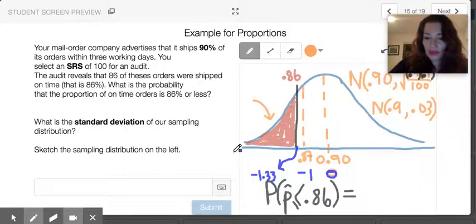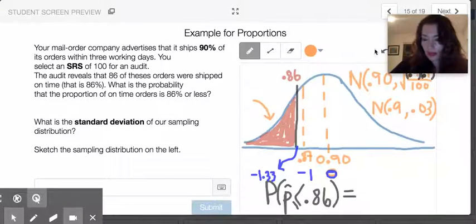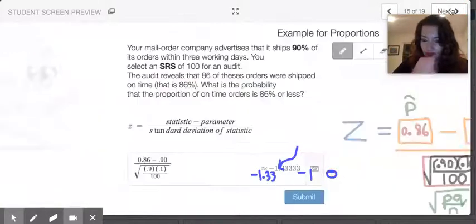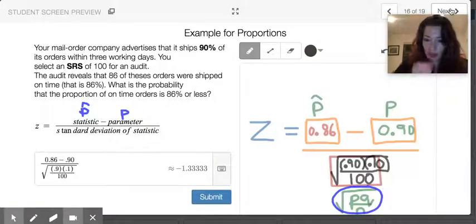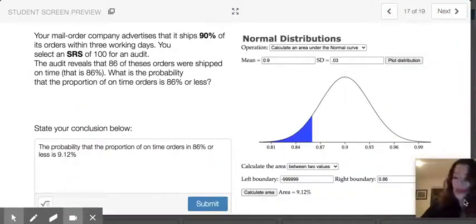And we want everything shaded to the left. All right, so now to answer the question, you can use a table where you have your probabilities, or you can use some type of calculator.